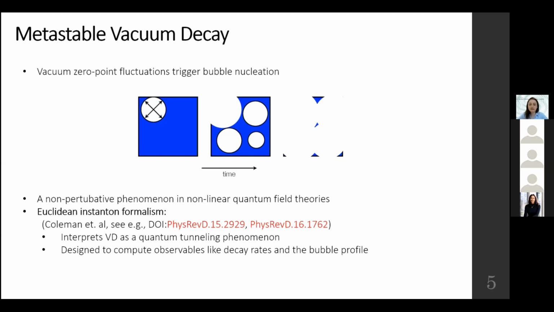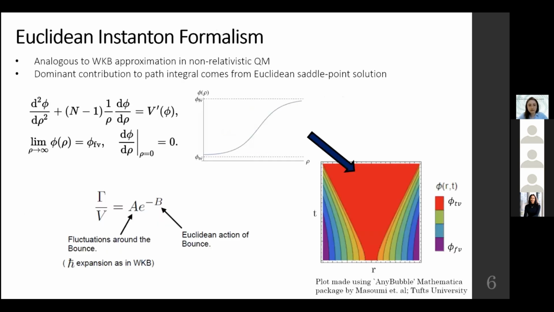And they generalize it into field theory. This is a very practical framework because it computes observables such as decay rates and the typical bubble profile. In more detail, this formalism proceeds in analogy to the WKB approximation.